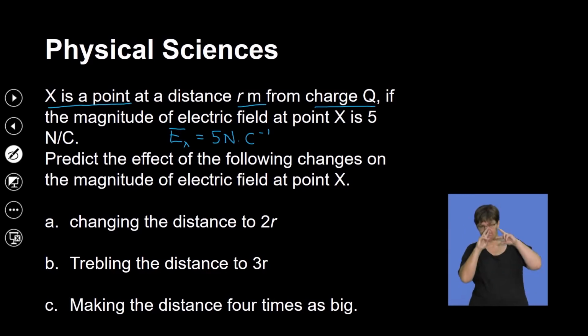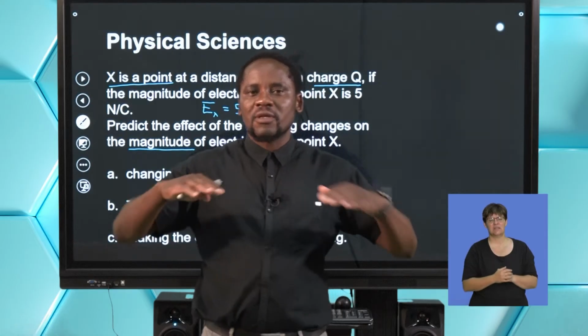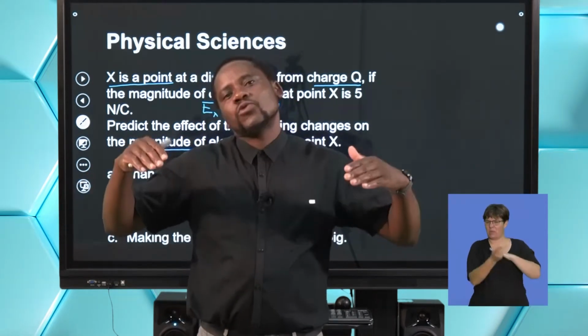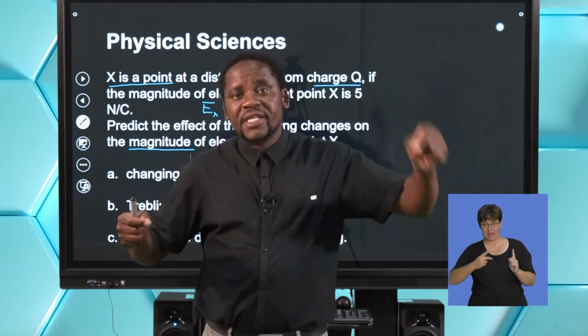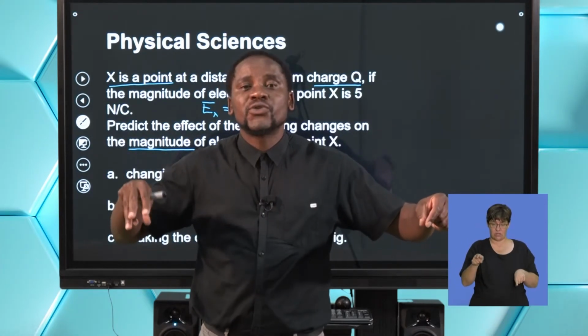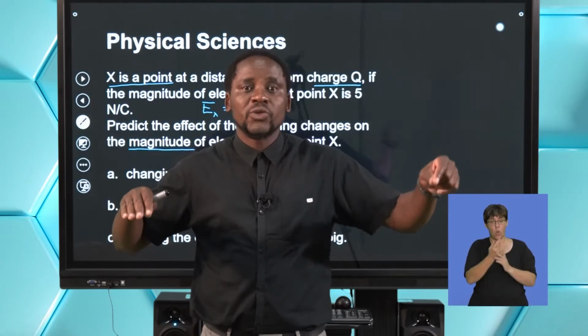Now we just want to explore some understanding behind the concept of electric field at a point. It says here, predict the effect of the following changes on the magnitude of electric field. Our focus for now is the magnitude. What if we change the distance to 2r? We double the distance. I want us to think, at a basic level, if we double the distance between point X and the charge, what's going to happen to the electric field at the new point, which is twice the distance?